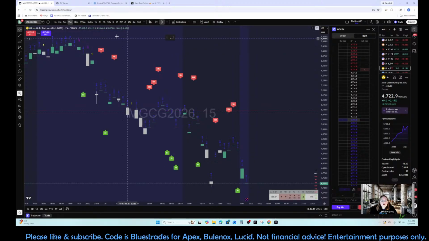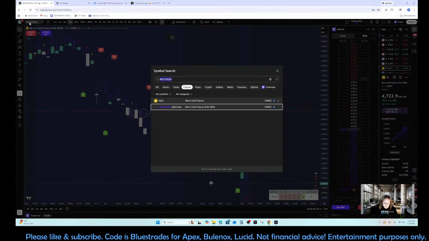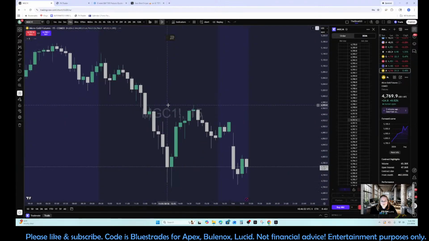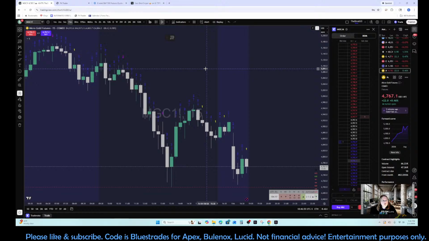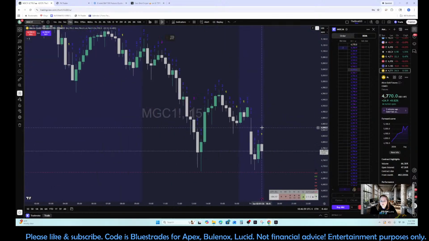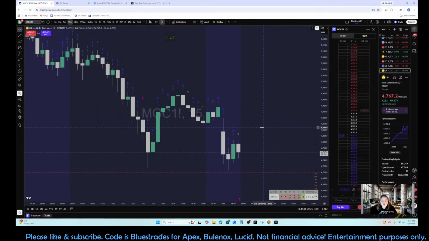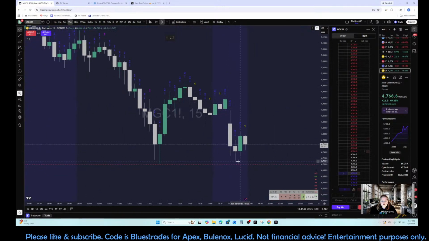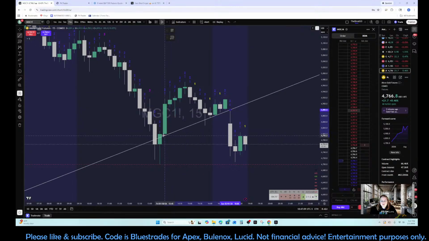We'll take a look at micro gold. That is not the right contract. MGCH. We need to get on the March contract. Here it is. Here's your strat set up on micro gold futures. Here's your broadening formation. You can draw broadening formation on any time frame.